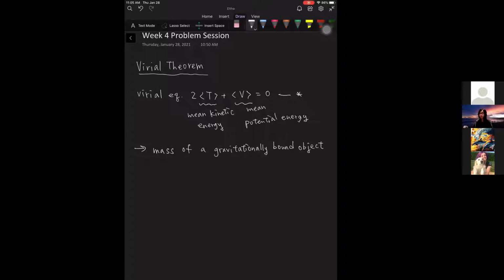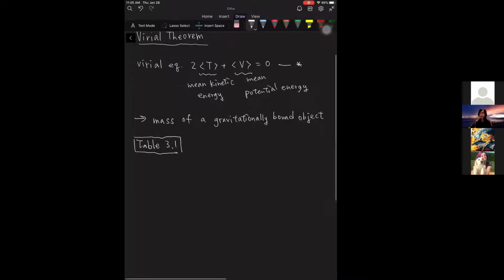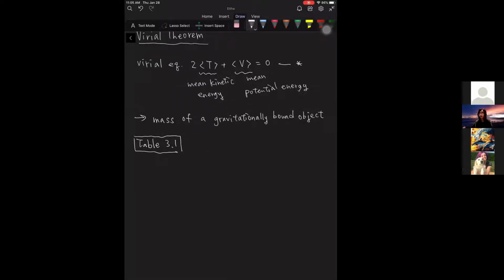So in Table 3.1 of our textbook, there are plenty of data for many star clusters, and we can just pick one of them and see if we can derive its virial mass and verify whether it is gravitationally bound or not. So we'll just randomly pick one of them, let's say the M4 cluster.